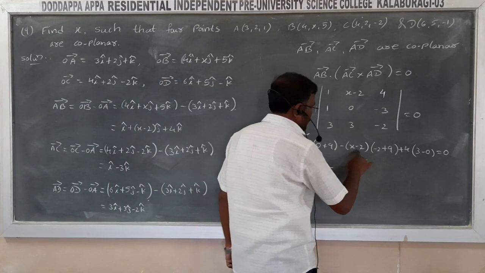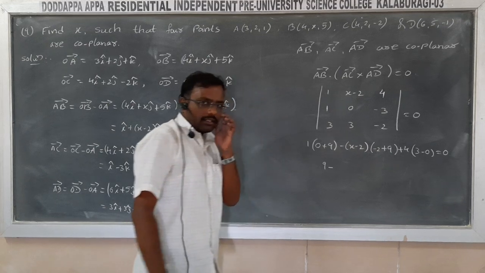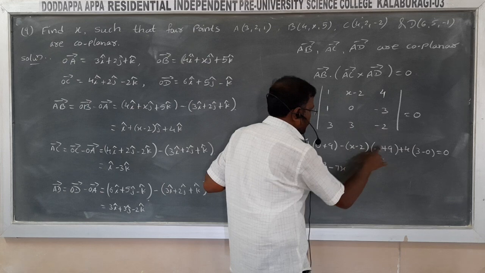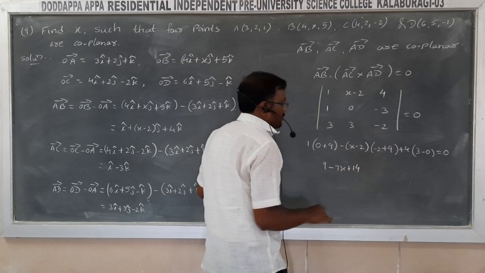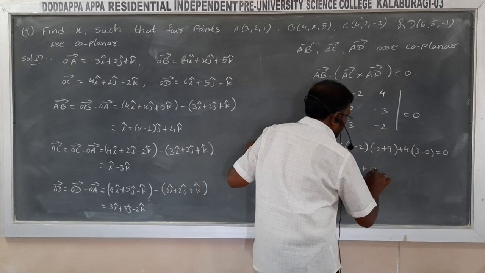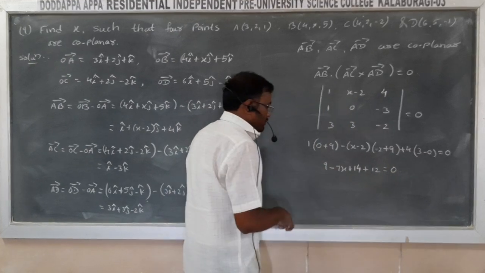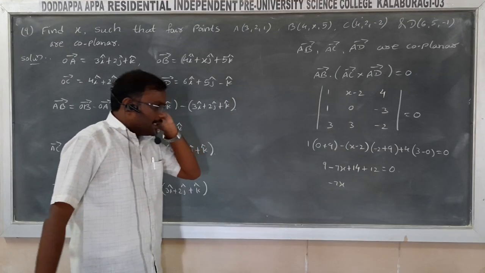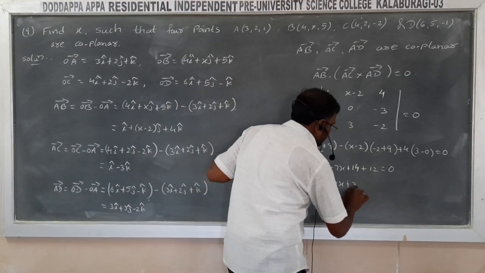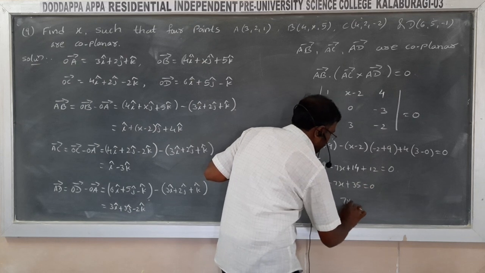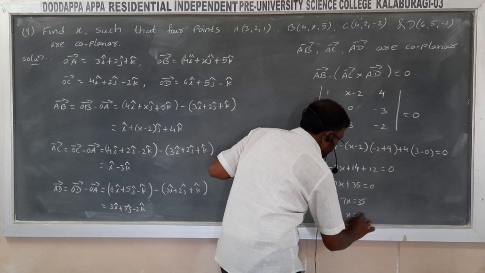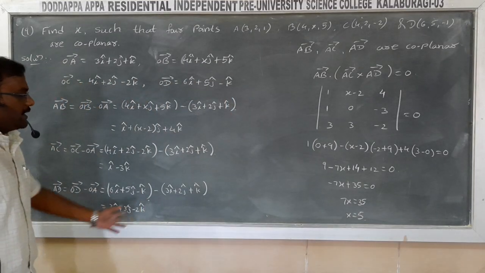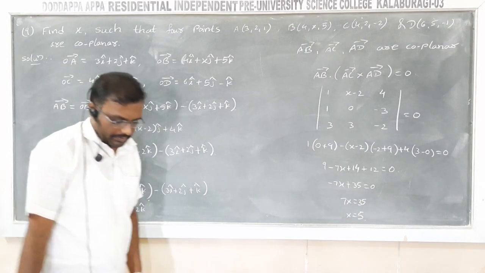Here, minus 2 plus 9 is 7, so it gives 7x minus 14. 4 into 3 is 12, equal to 0. Minus 7x, 14 plus 12 is 26, 26 plus 9 is 35. So therefore 7x is equal to 35, x is equal to 5. Right, this is the finding of the x value.